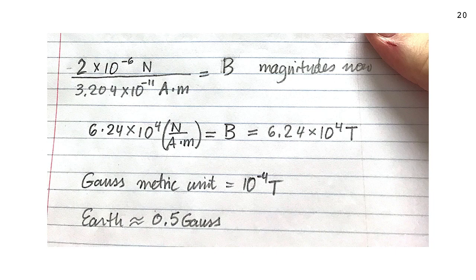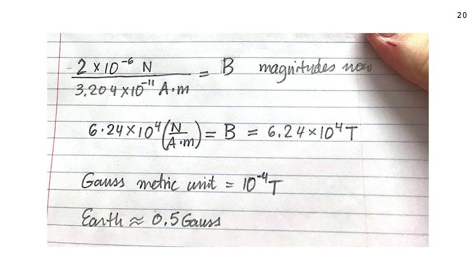The Gauss is the other metric unit, and it is equal to 10 to the minus 4 Tesla. And that's in a whole different system of units, but it's considered a metric unit. And the Earth's magnetic field is about half of a Gauss.